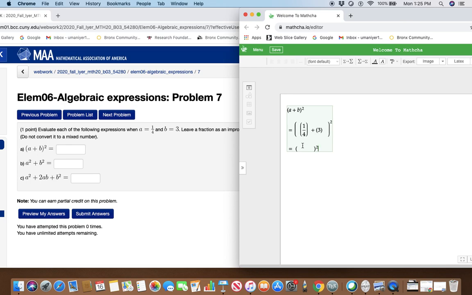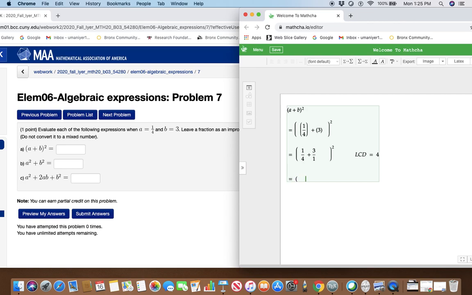So I leave the square part outside, simplify inside. 1/4 plus 3. So that's a fraction 1/4 plus fraction 3/1, because I need to add fractions. To add fractions, we need common denominator. Least common denominator, start with the largest number. 1 divides in 4 evenly, so that's that.